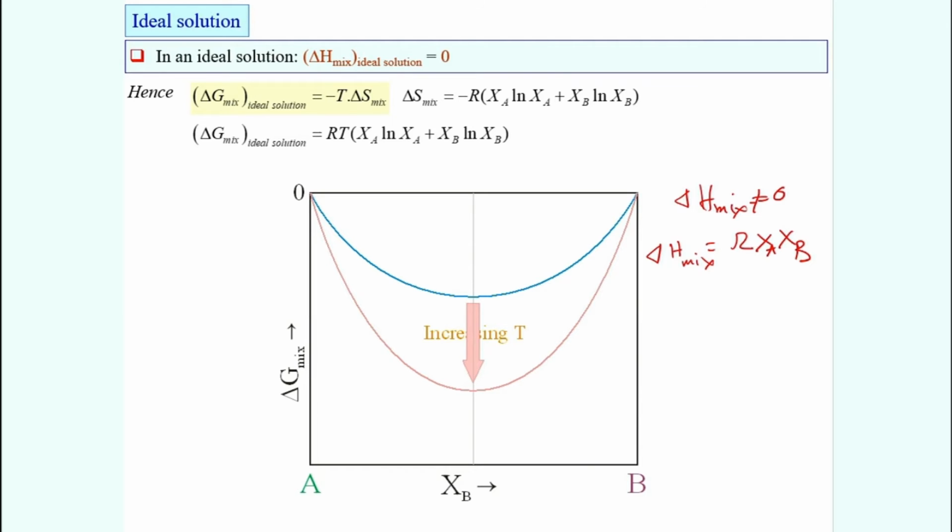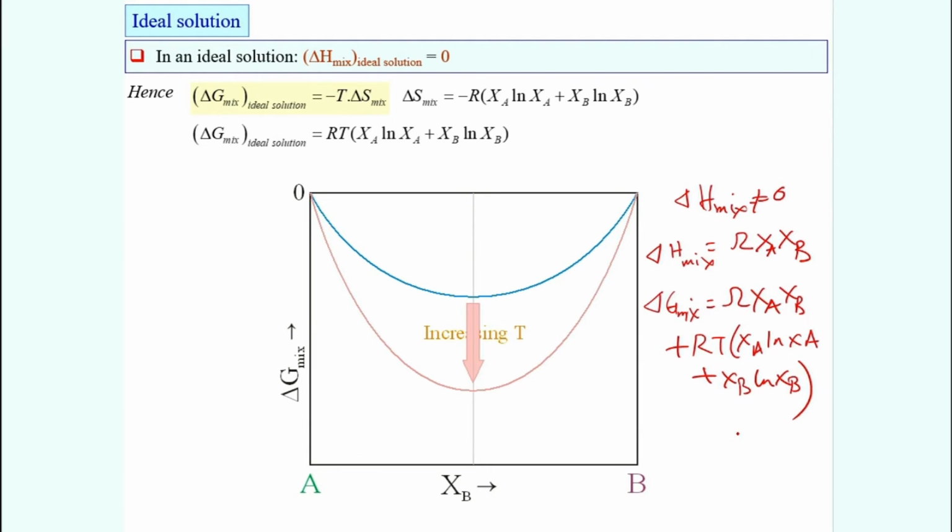So then delta G mix is equal to this term plus RT (XA ln XA plus XB ln XB).